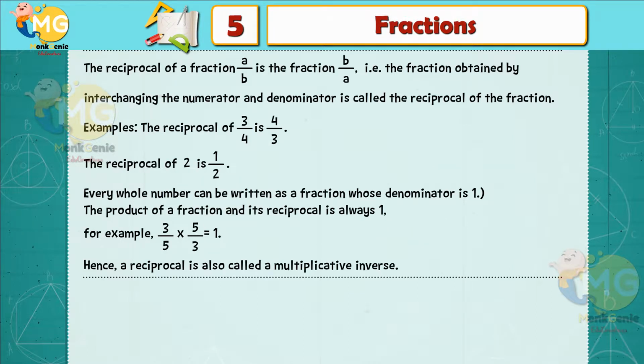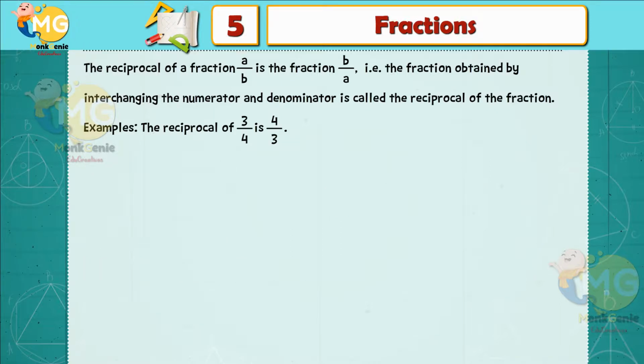The reciprocal of a fraction a/b is the fraction b/a. That is, the fraction obtained by interchanging the numerator and denominator is called the reciprocal of the fraction. Examples: the reciprocal of 3/4 is 4/3. The reciprocal of 2 is 1/2.